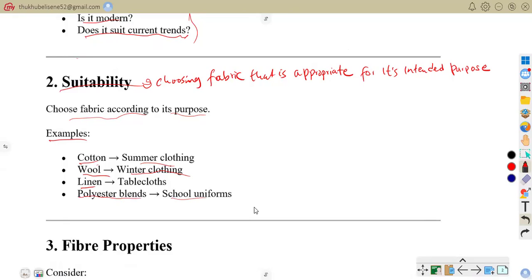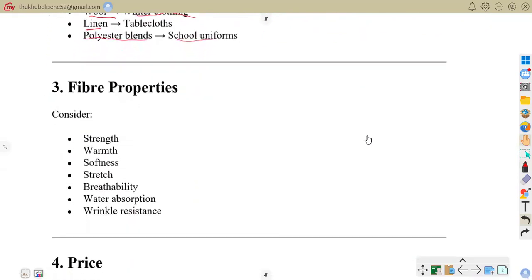Polyester blends are durable, wrinkle resistant, and easy to wash. For example, many school uniforms are made from polyester or cotton because they stay neat throughout the day. So that is when we talk of suitability.